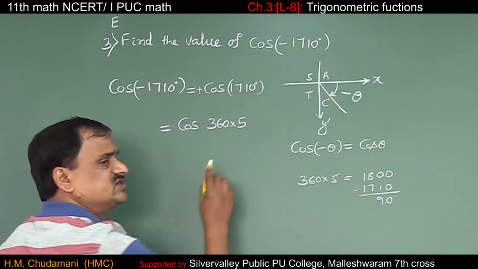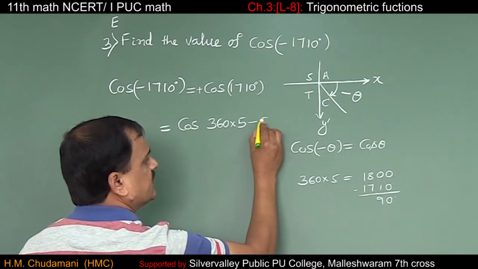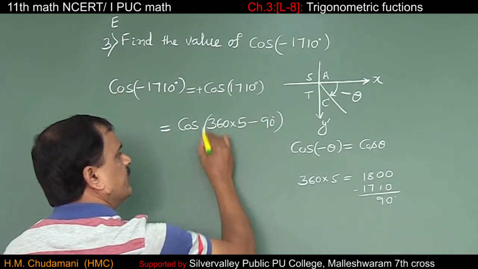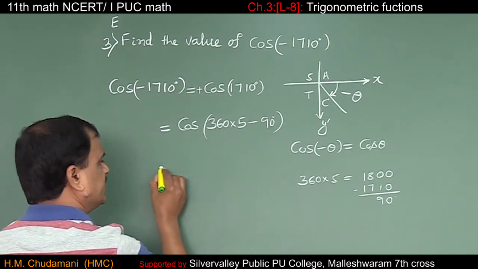We have 1710 degrees, which is less, so 1800 minus 1710 means 90 degrees.